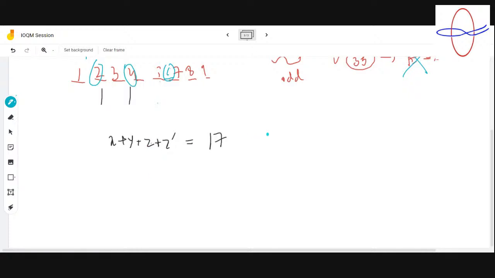So how is it possible using 1, 2, 3, 4, up to 9? That's what the question is all about, distinct digits.